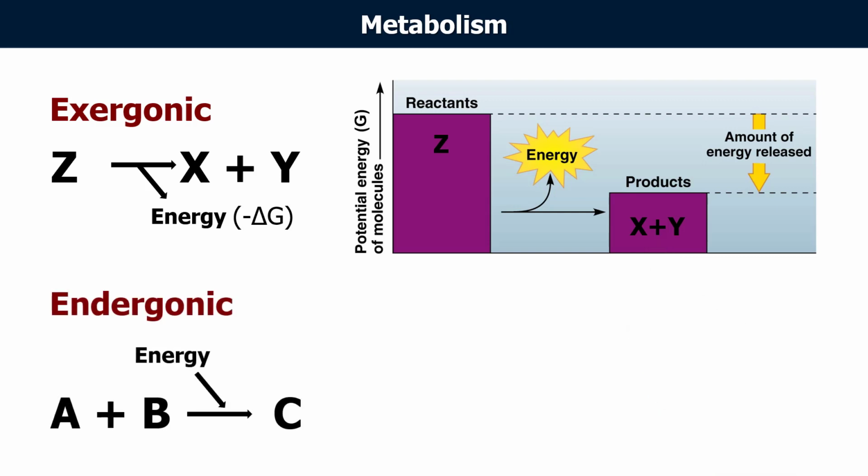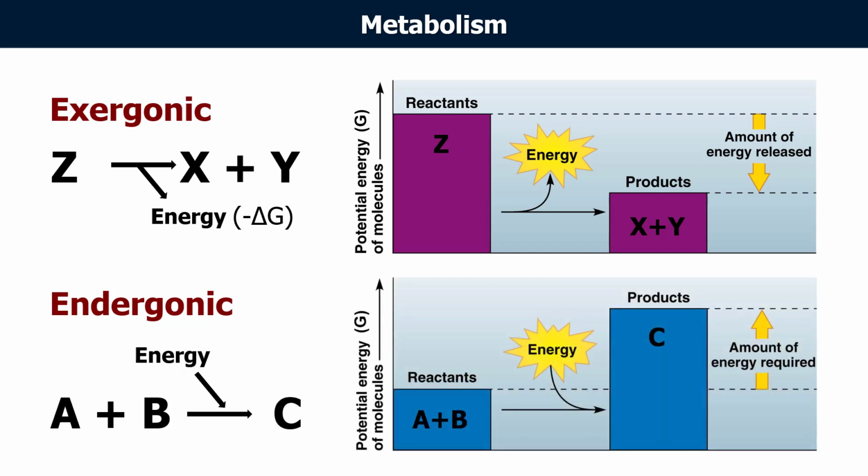Now let's compare that to an endergonic process where A and B are being combined to form C, and we're having to supply the energy to make that happen. Again, we could graph it. So we see the reactants A and B have a lower amount of energy than the product C does. And so for this to happen, we have to invest or supply that energy.